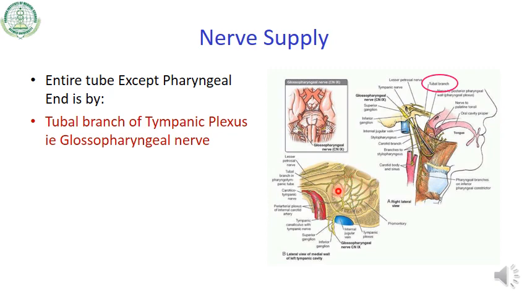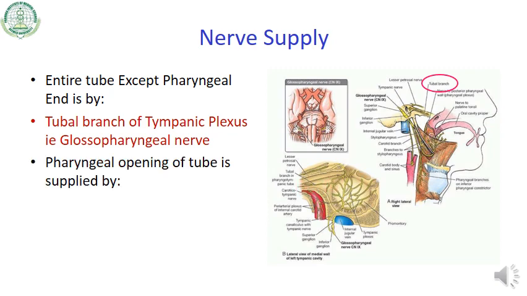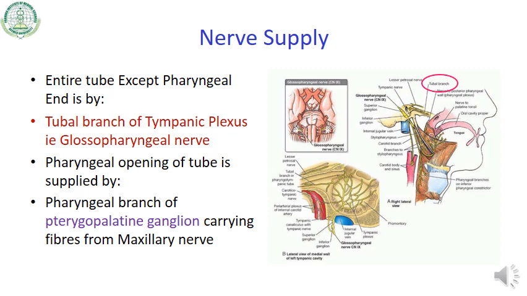In this diagram also, this is the tympanic plexus and this is the tubal branch of the tympanic plexus. The pharyngeal opening of the tube is supplied by the pharyngeal branch of the pterygopalatine ganglion. So the pterygopalatine ganglion, its pharyngeal branch carries fibers from the maxillary nerve. So the pharyngeal end is supplied by the pharyngeal branch of the pterygopalatine ganglion.